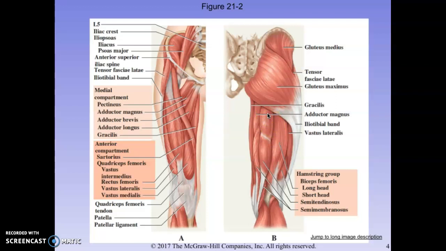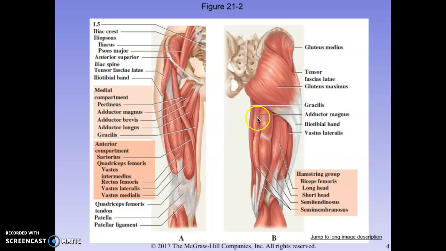Okay, the first one is the biceps femoris, which has 2 attachment sites, long head, short head. Okay, but the biceps femoris is right here on the outside. Okay, then in the middle here we have the semitendinosus. Okay, and then even more on the inside here we have the semimembranosus.